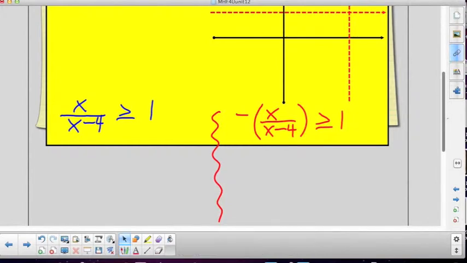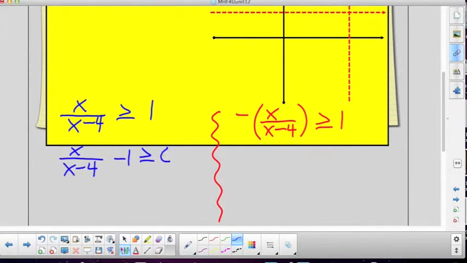That means you would have to punch two functions into your calculator. You would have to solve for x over x minus 4 minus 1 is greater than or equal to 0. This means that x minus 4 times x minus 1, because this is 1 over 1, this would mean that x minus 1 times x minus 4 all over x minus 4 would be greater than or equal to 0.